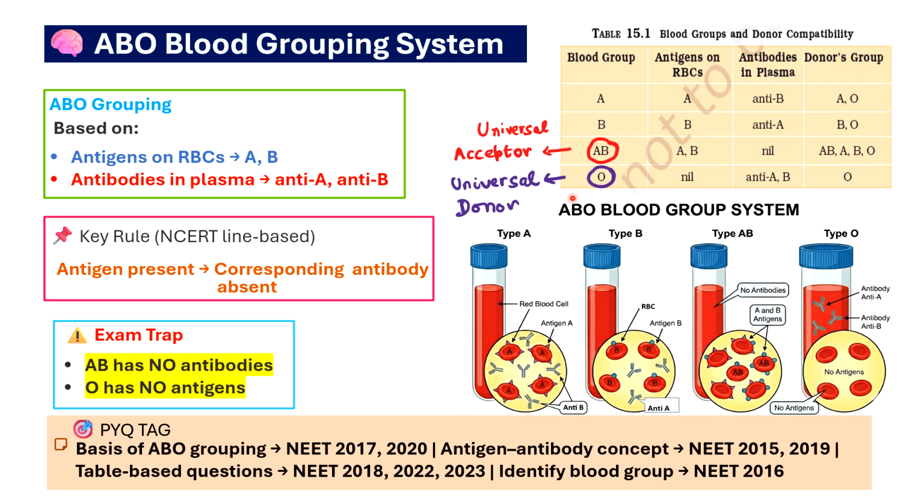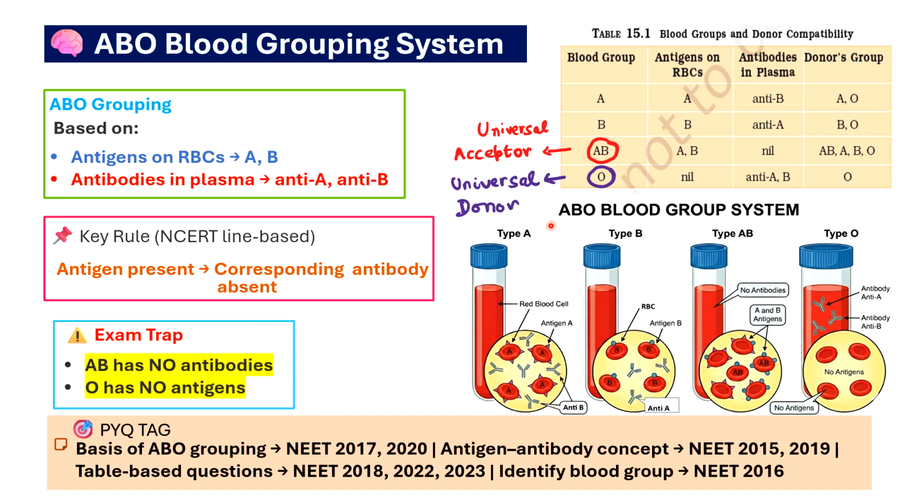Now you should remember here, because AB type does not have any antibodies in the plasma and can accept blood from all types of blood groups, that is why AB type is known as the universal acceptor. And O type does not have any antigens on its RBC surface.